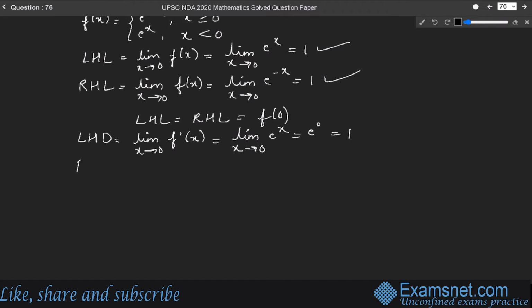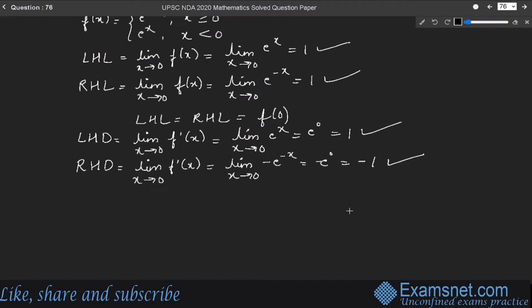Now RHD, right hand derivative, will be equals to limit x tends to 0 f dash x, which gives limit x tends to 0 minus e to the power minus x, which will be minus e to the power 0, which will be minus 1. So the value of LHD is 1 and the value of RHD is minus 1.